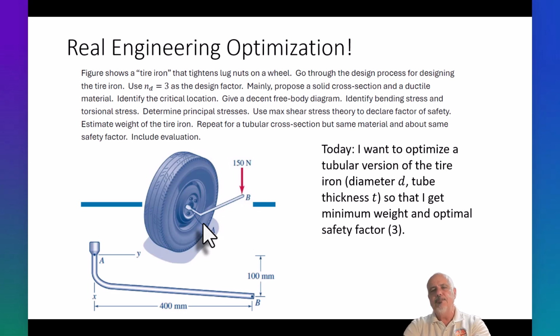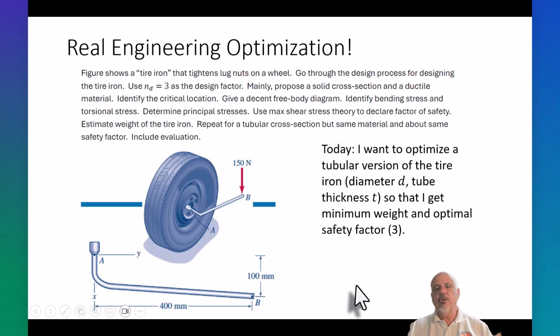And what we're going to do is, we could design obviously a solid, but I'd like to think about maybe we could do a tubular type of thing and see if we can make that much lighter. So outer diameter D with a thickness T. We're going to think about doing this part in terms of a tube, and not really worry about how it transitions back to the socket part of the tire iron.